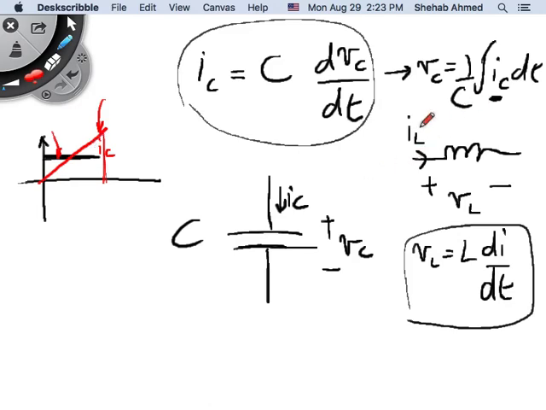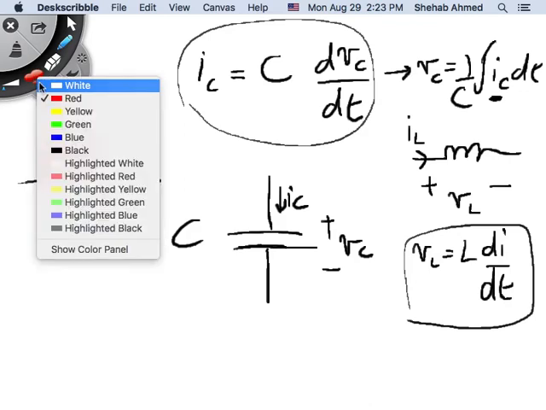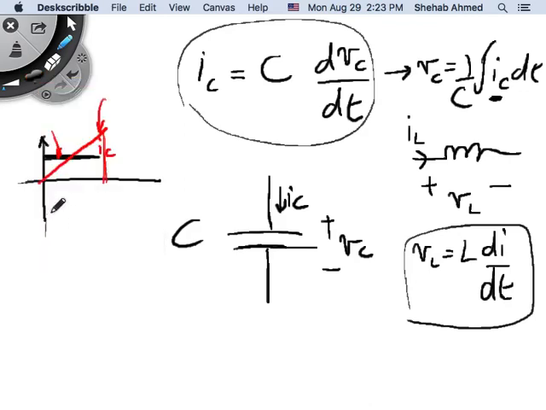Now I would like to put in current that may be, what's the integration of a negative value? A negative ramp. So it's a ramp with a negative slope. Assuming this is 5 and this is minus 5, they're equal, so the slope will be the same. And again, remember it's plus initial condition. So let me redraw this and put some initial conditions so that things make a little more sense.